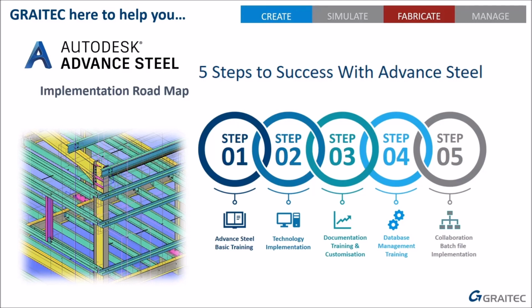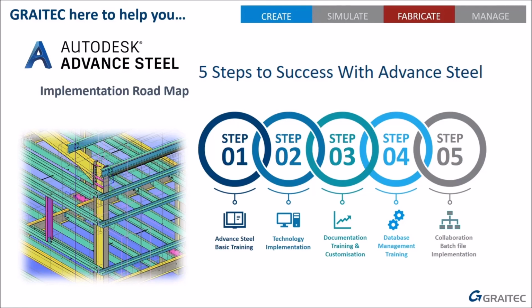Step 2 is what we call a technology implementation day. That would be where someone like myself or Alec would come to you after the training, and we would spend a day with you getting all of your systems set up, changing the logos, setting up all your prototypes, setting everything so that you have an out-of-the-box advanced steel that suits you and your workshop.